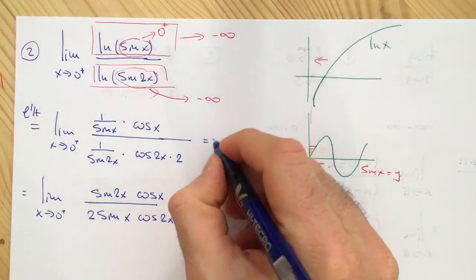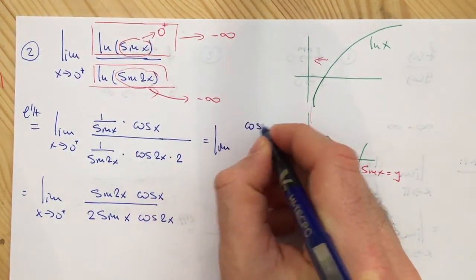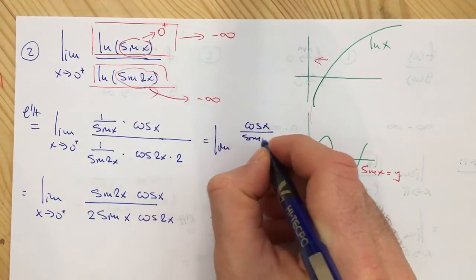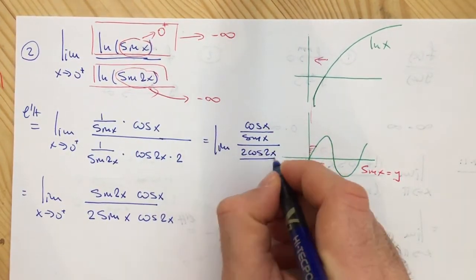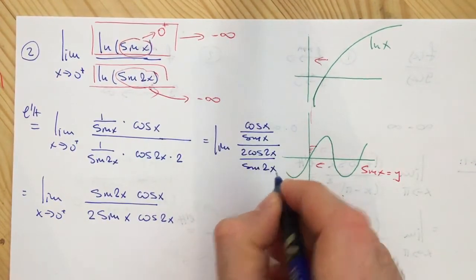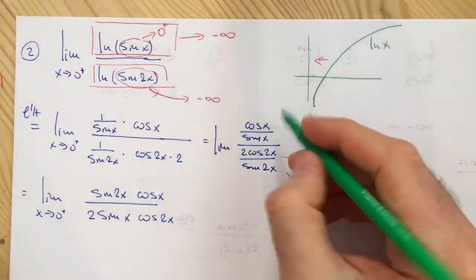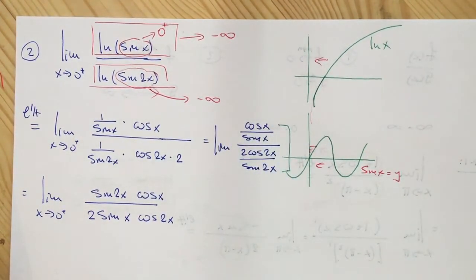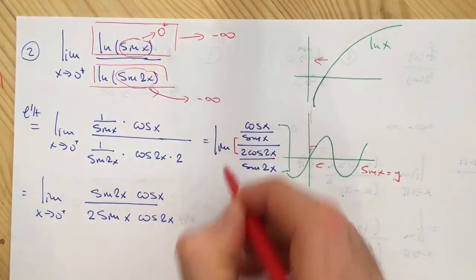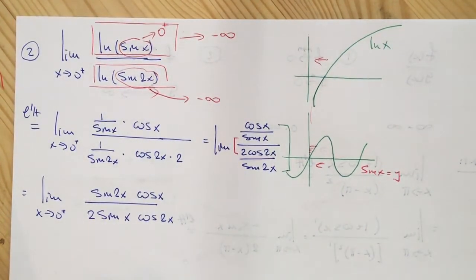This can be written as the limit of cosine of x over sine of x over 2 times cosine of 2x over sine of 2x. And then this is a complex fraction. How do I multiply the outer with the outer element divided by the inner over the inner element? And that's what we get here.